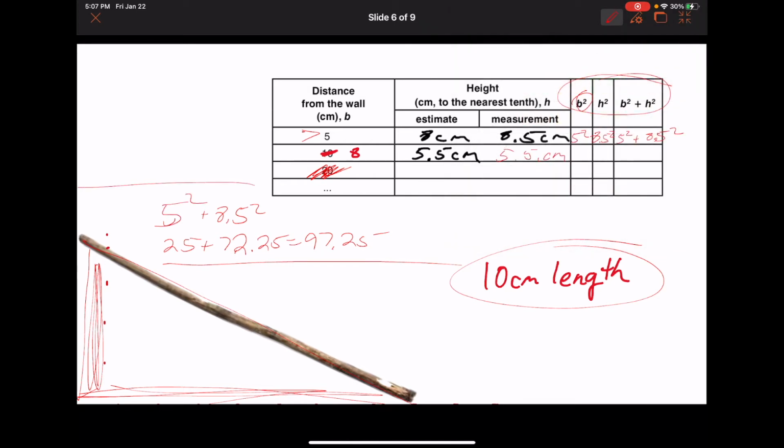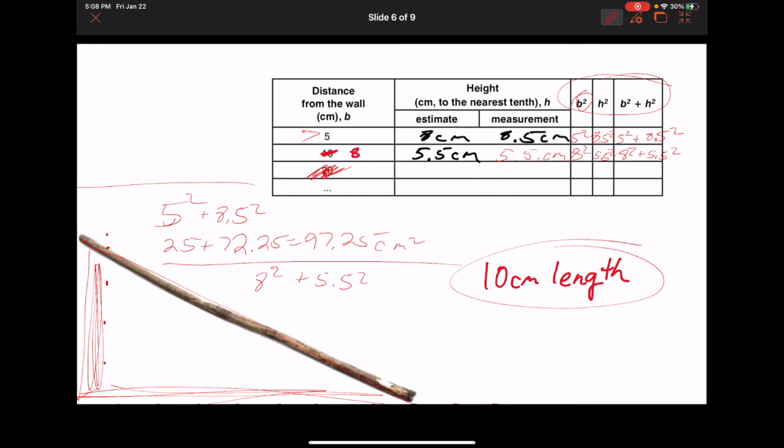All right, now I'm going to do this one here. So I have the base is 8 squared. This is about 5.5 centimeters squared. This would be centimeters squared, right? And then this is going to end up being 8 squared plus 5.5 squared. I'm actually going to do the calculation here.